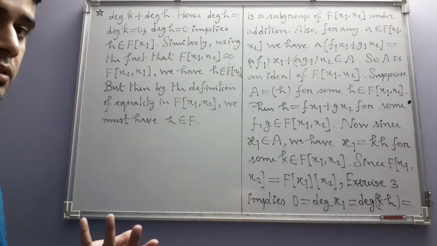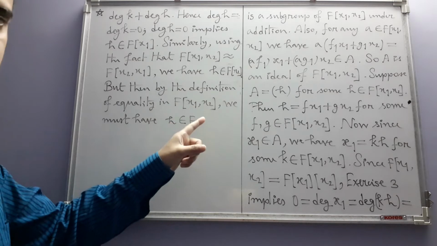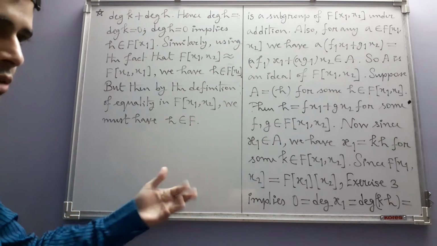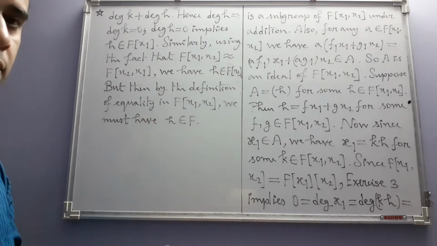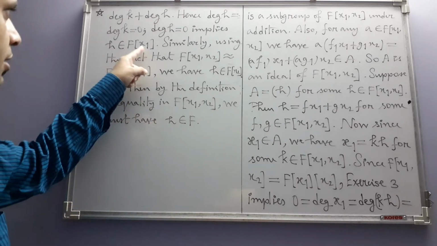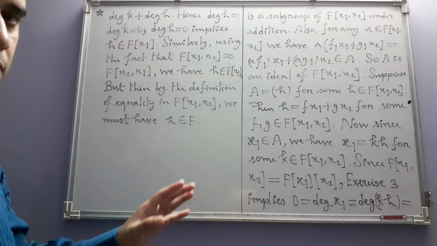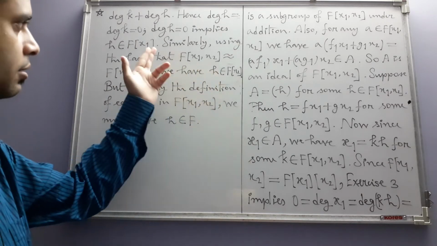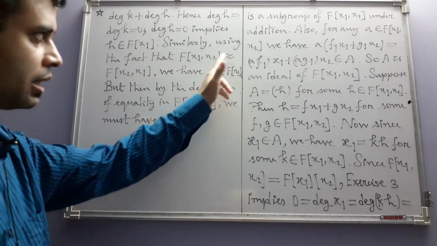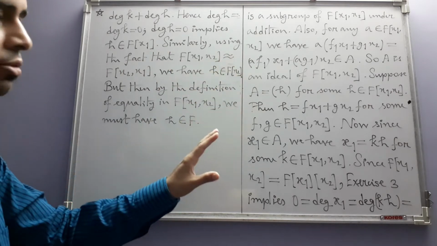If h is a polynomial in x2 where actually there is x2, then it cannot be a polynomial in x1 over f. Yes, it can then also be a polynomial in x1 over f[x2], but that is a different thing.